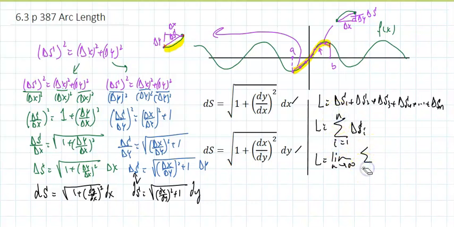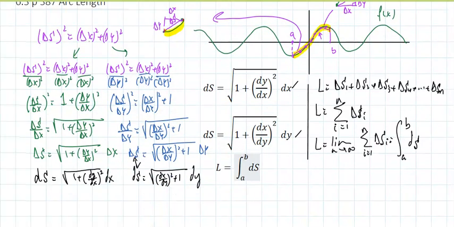Oh boy, I just taught this class, so I'm stuck with the n. You'll know by the end of this class why that is. And wouldn't that be the integral from a to b of ds? And that's by the definition of the Riemann sum. So, if I want to figure out what L is, L equals the integral of ds. And there it is.